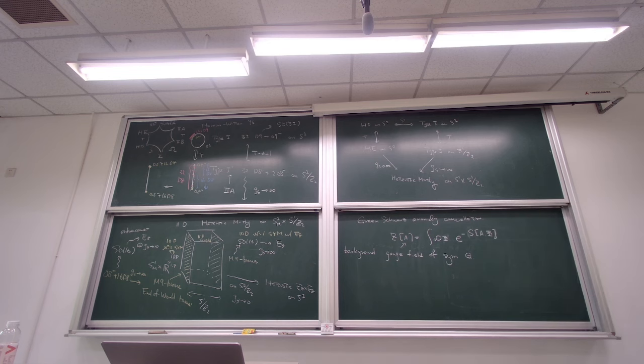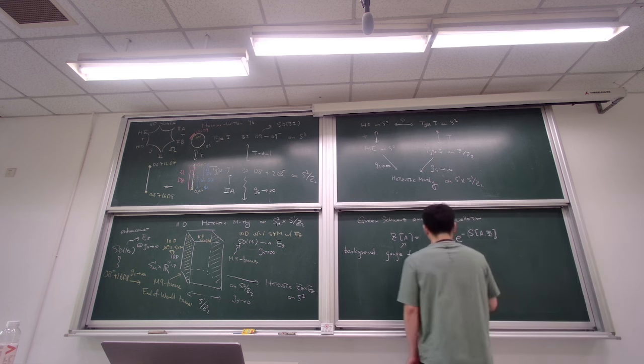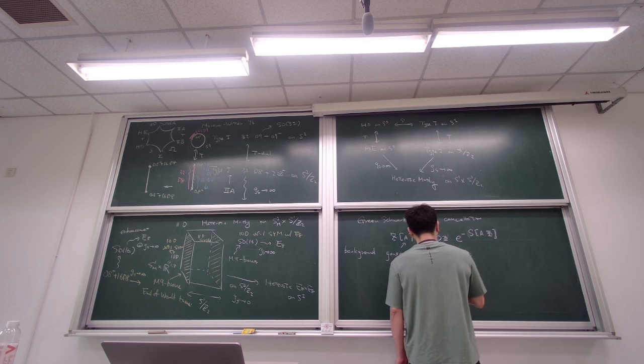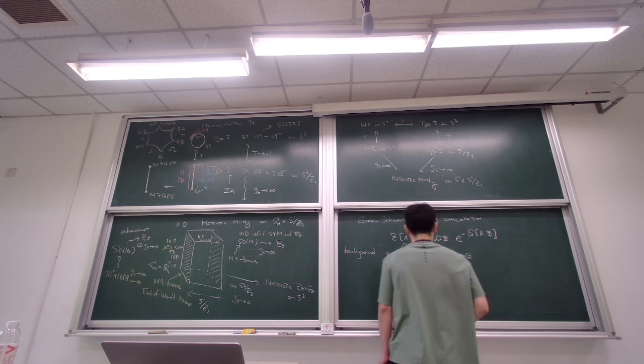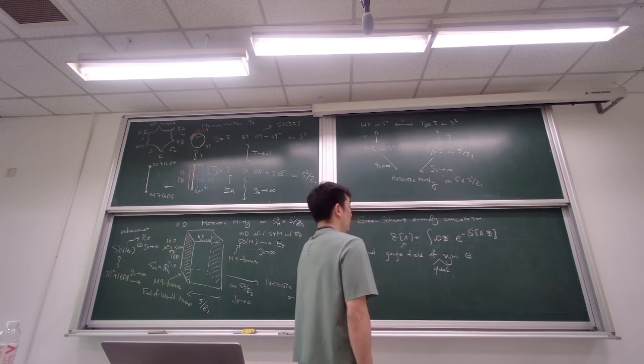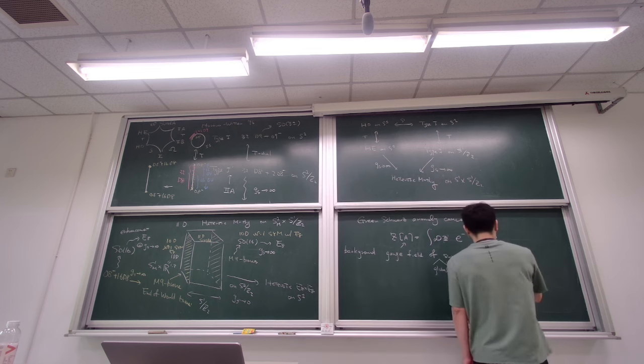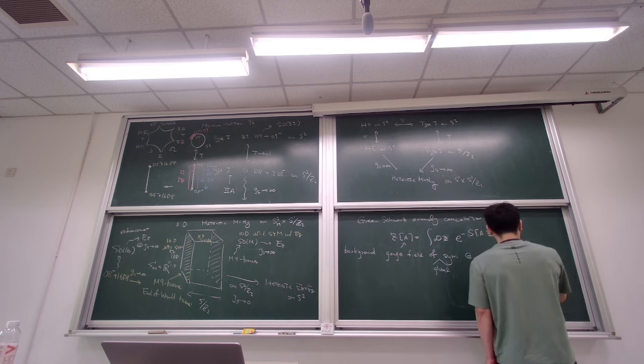So at this moment, I consider G as a global symmetry, a symmetry of the S of phi.